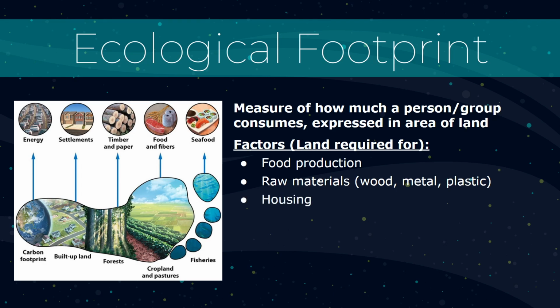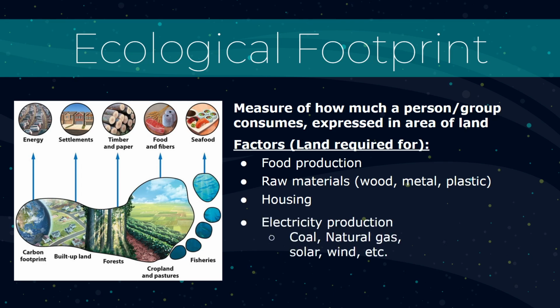We have housing, which is how much space does your actual house take up. There's electricity production, which means we have to mine coal and burn it to produce electricity, or natural gas and burn that to produce electricity. Even if we're getting our electricity from solar panels or from wind turbines, those still require raw materials to be built.